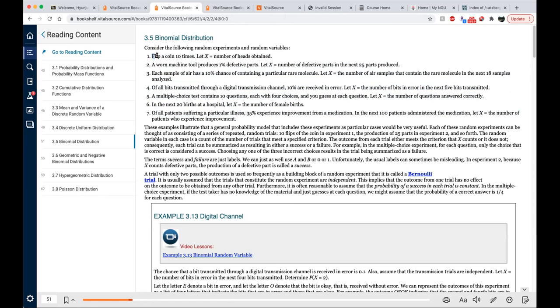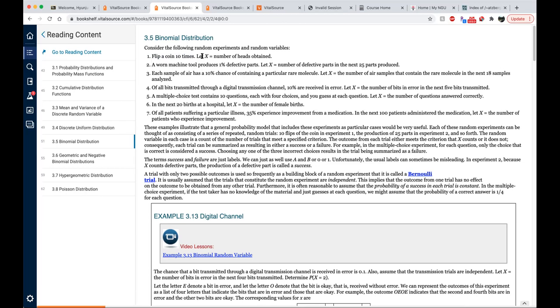Flip a coin 10 times means that we do the same experiment multiple times, 10 times or maybe 100 times. And then what about the outcome? For each trial, we expect only two outcomes, head and tail, right?